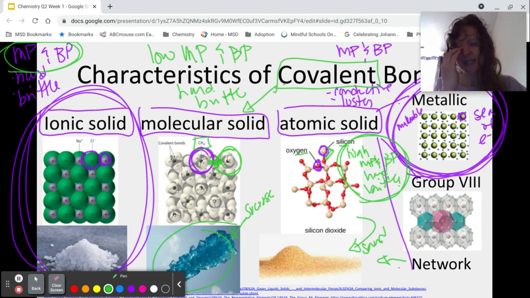And so, as you can see, covalent bonds are not quite as easy to categorize in terms of properties because there's a couple different structures that can form that involve covalent bonds. We haven't actually talked about the group 8 solids, but these are the solids that can be formed from a noble gas. They're super weird. They're super unstable.